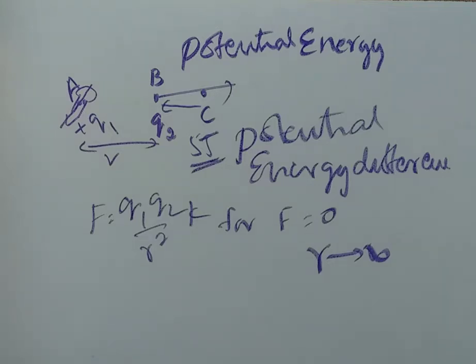It's not correct to say potential energy of Q2 because the idea is wrong. Only when Q1 is there, Q2 potential energy will be there. That's why saying potential energy of charge Q1 or Q2 is not correct. It is always correct to say potential energy of a system of two charges Q1 and Q2 or many charges.